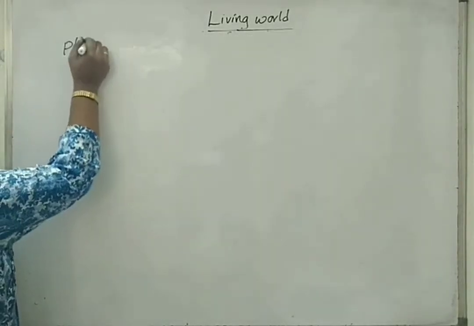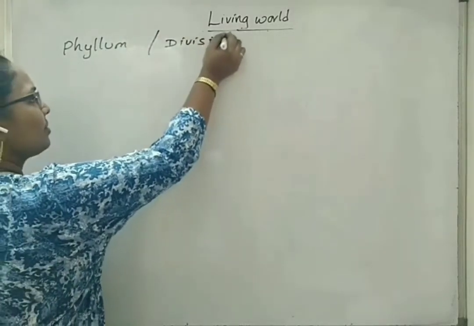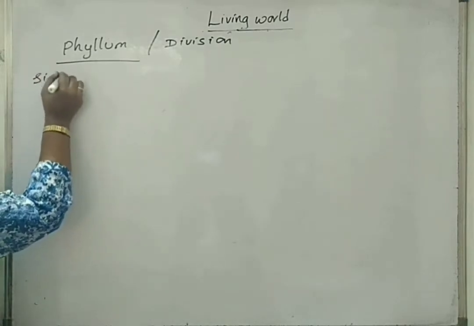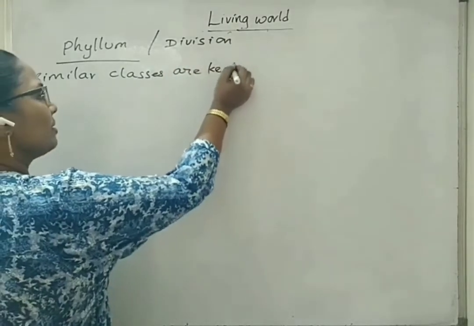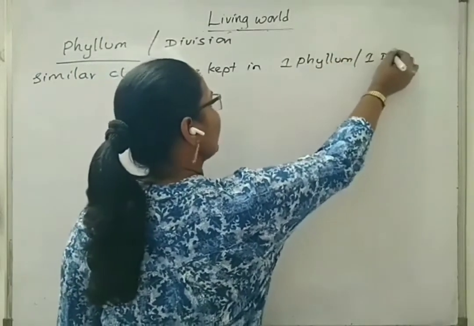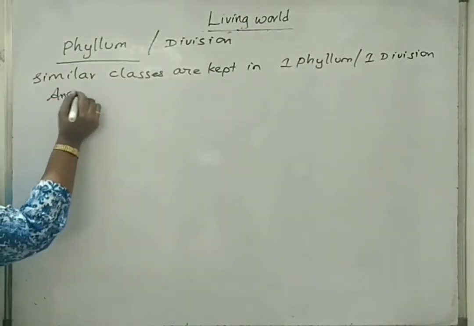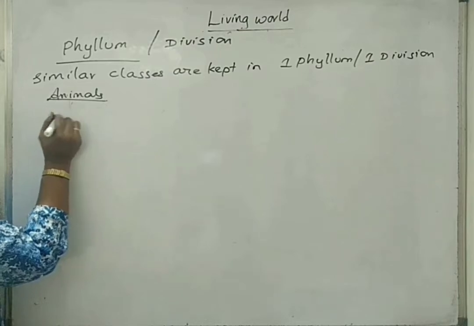Next category is phylum in case of animals and division in case of plants. We can see similar classes are kept under one phylum or one division. Under animals, it can be chordata and non-chordata.